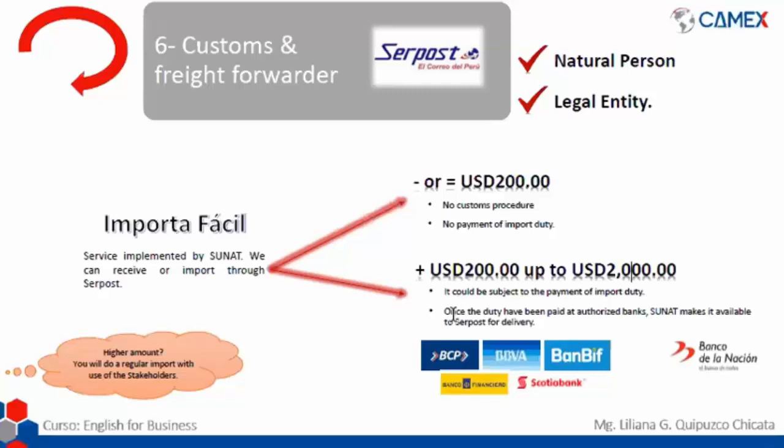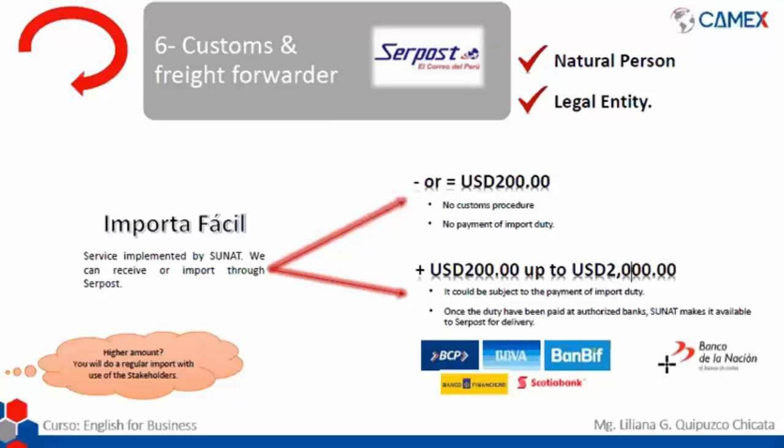And remember that once you pay the duties, Sunat is going to make your product available, so Surpost can deliver it to your house or let you know that the product is too big for Surpost to bring it to your house, so you will have to go to the Surpost agency to pick it up. Also remember that you can pay your duties via these banks: BCP, BBVA, Banbif, Banco Financiero, Scotiabank, and also you can pay at Banco de la Nación.